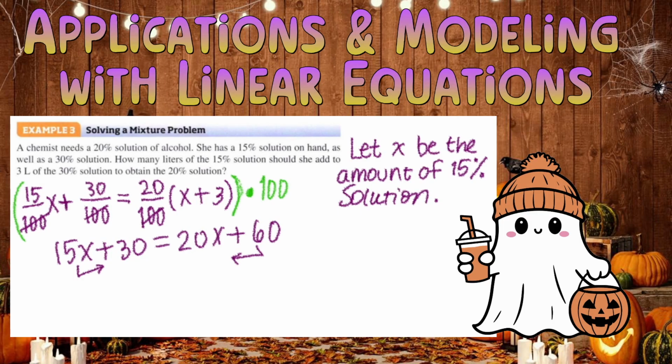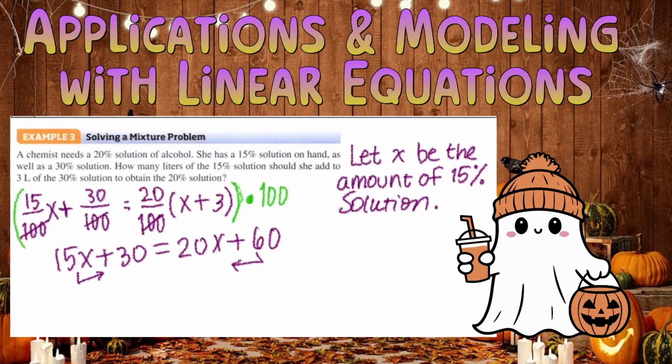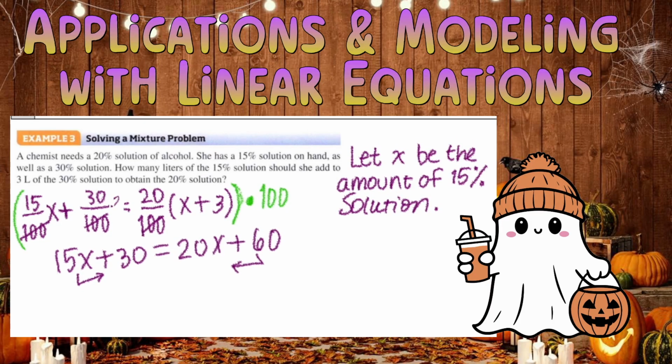What did I write down incorrectly? I know. When I copied the equation, I missed something. Did you catch it? This was 30% of 3.